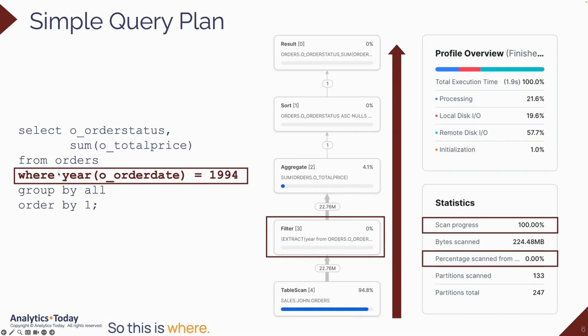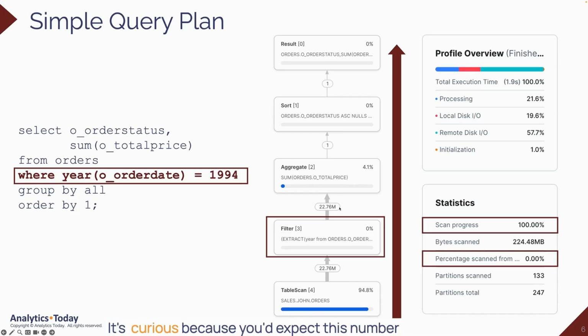So this is where we execute the where clause and we limit the number of entries returned. We can see here we've got 22 million going in and 22 million coming out. So this is retrieving data and then filtering the entries to only bring out the data for this particular year.